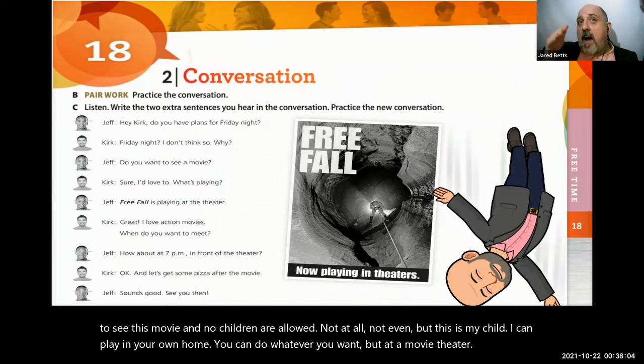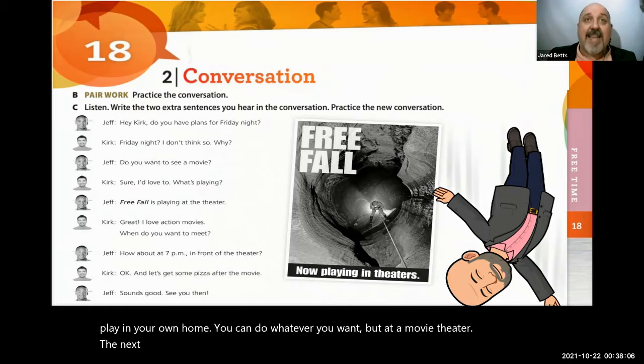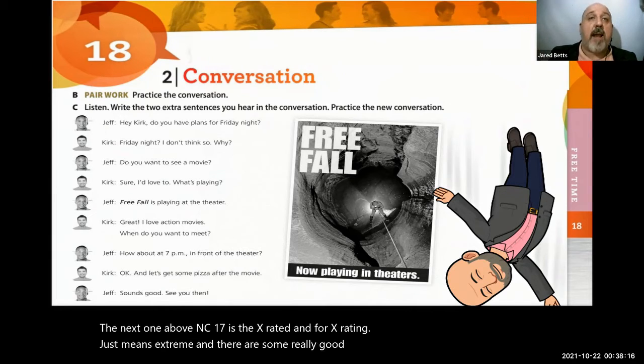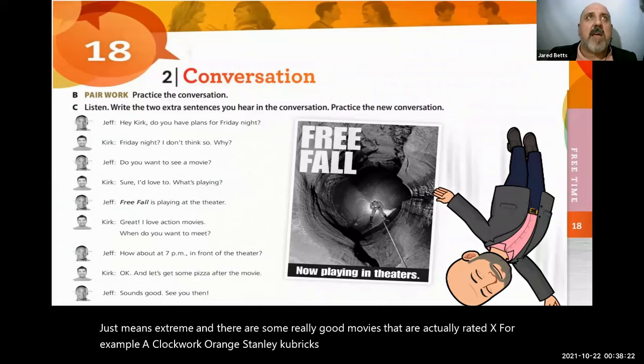The next one above NC-17 is the X rating, and X rating just means extreme. And there are some really good movies that are actually rated X. For example, A Clockwork Orange, Stanley Kubrick's movie about kind of dystopian British society.